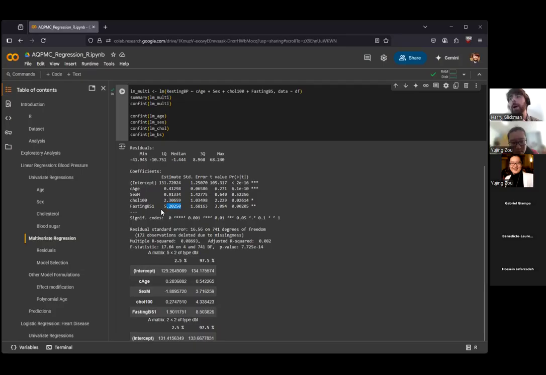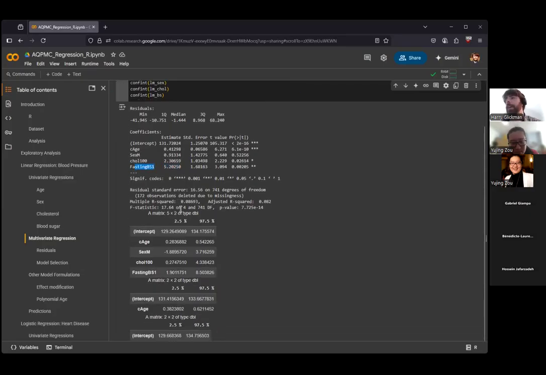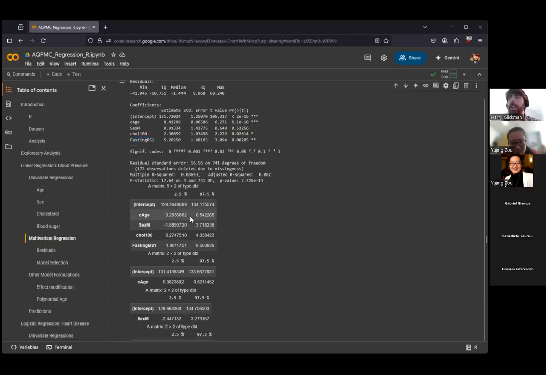And fasting blood sugar now having more of an effect, it seems like, and a more significant effect. So maybe there was some confounding going on, or adjustment for confounding. But this is maybe more of a real effect, a 5 millimeter mercury increase in blood pressure when you have unhealthy blood sugar. And then we have our confidence intervals down here.